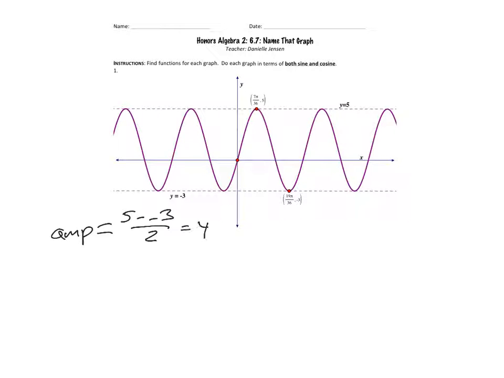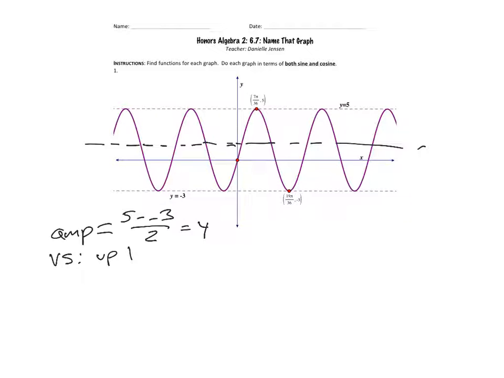The amplitude here will be 4. So if I go 4 away from my midline, I'm going 4 above and 4 below, which makes my midline at 1. That means the vertical shift is up 1.